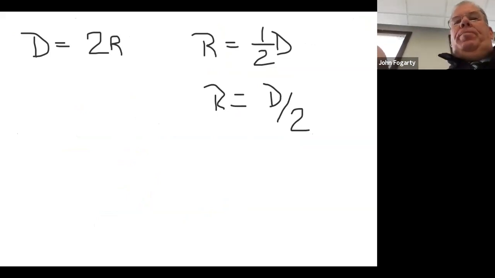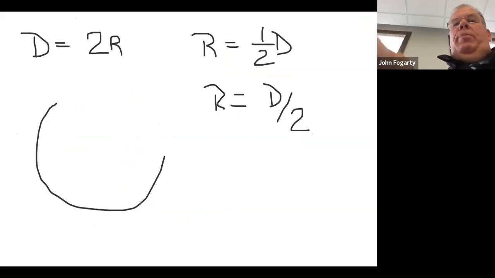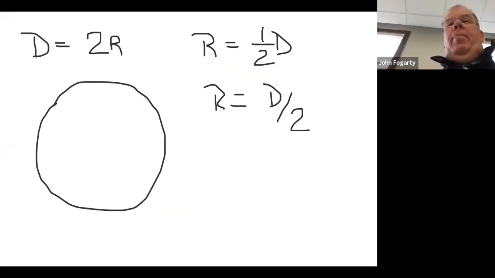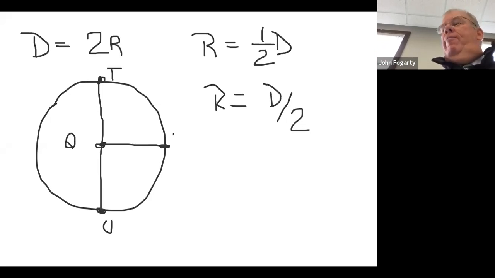All righty. So I'm going to draw this picture of a circle. This is going to be point T. This is going to be point U. This is going to be point Q. And this is going to be point V. Can everybody see that?